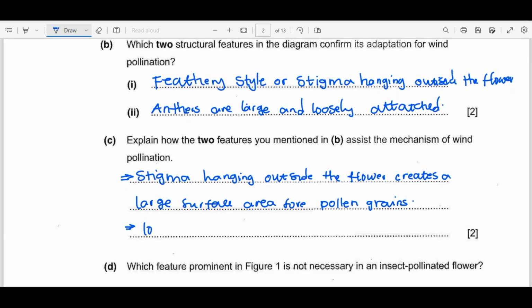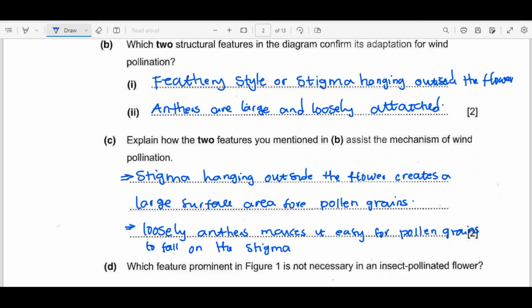So loosely attached anthers make it easy for pollen grains to fall on the stigma. So remember, the stigma is just the female part.